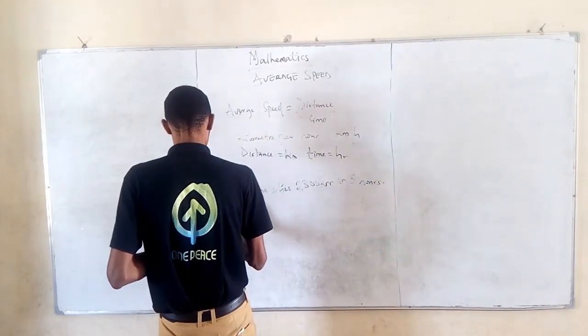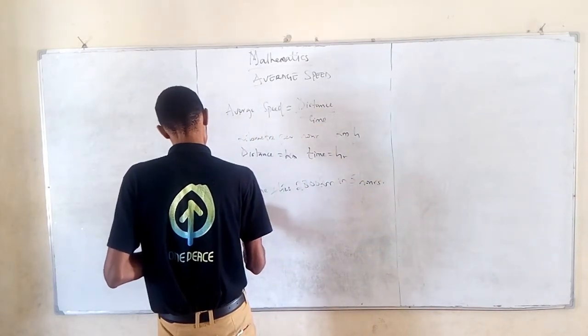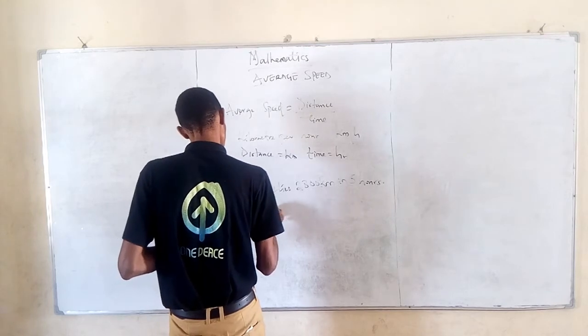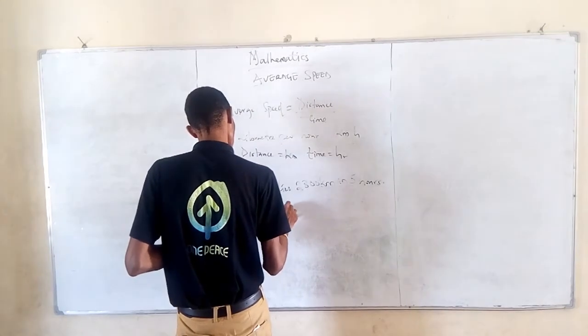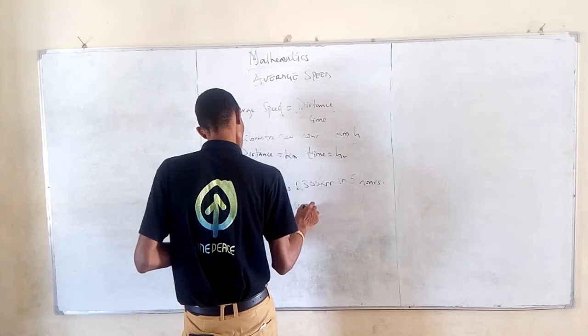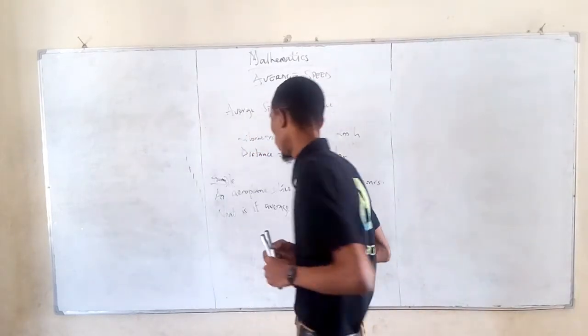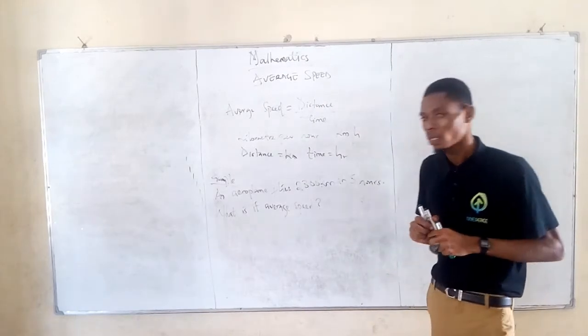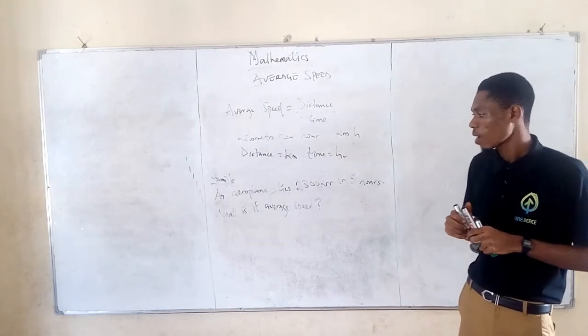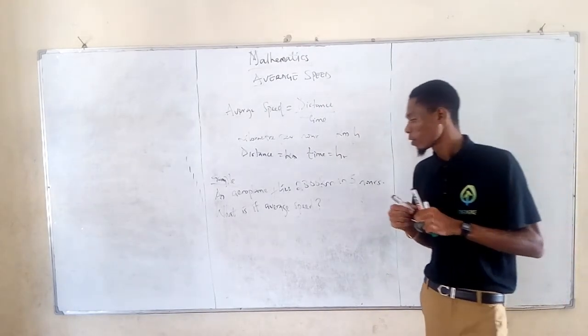What is its average speed? We have a question: an aeroplane flies 2,800 kilometers in 5 hours. What is its average speed?